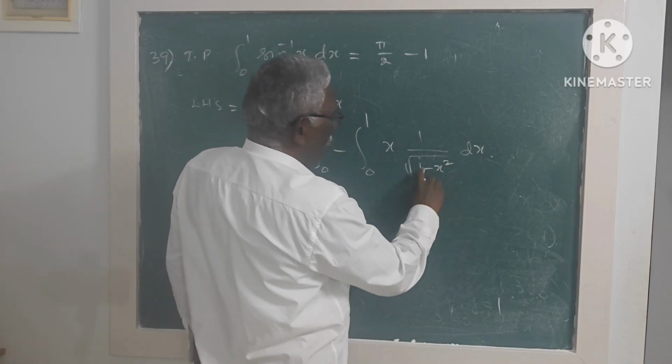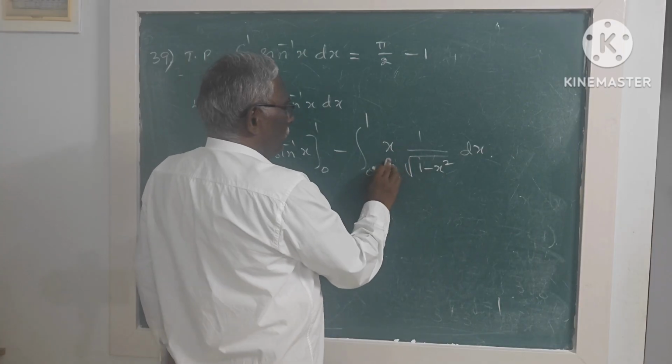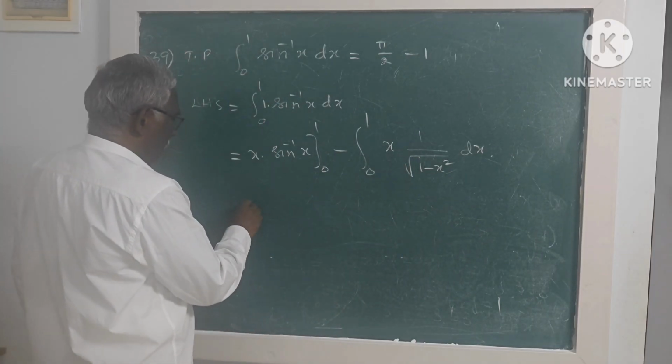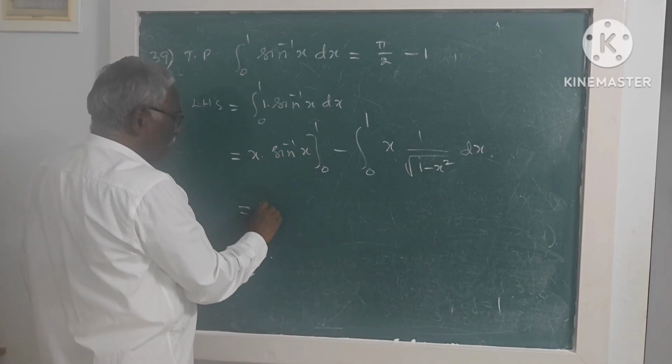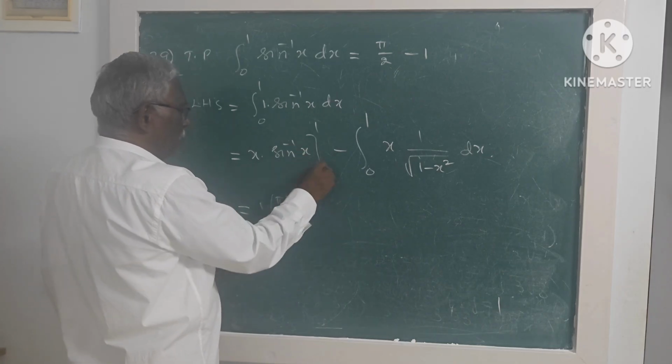Put 1 into sine inverse 1, which is pi by 2. You put 0, 0 will come.